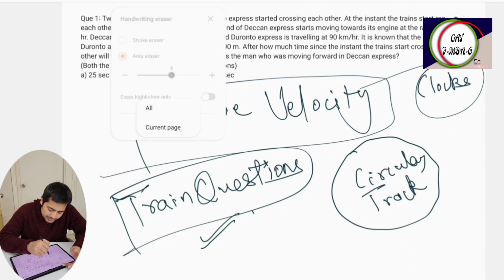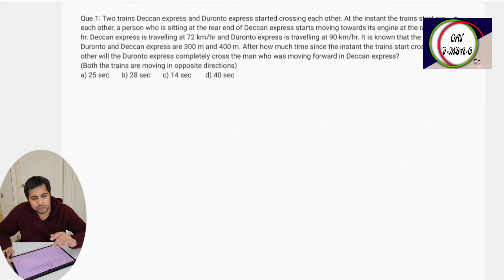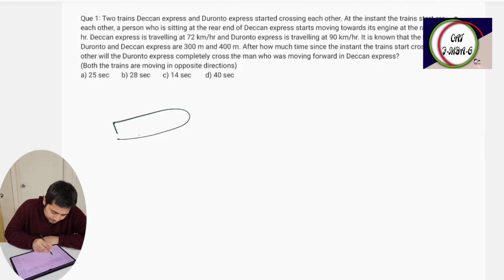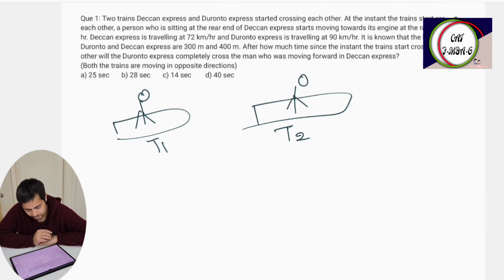The basic idea is, let me explain the relative velocity concept. Let us say you are sitting in train 1, and someone is sitting on train 2. You are here, that other person is here.